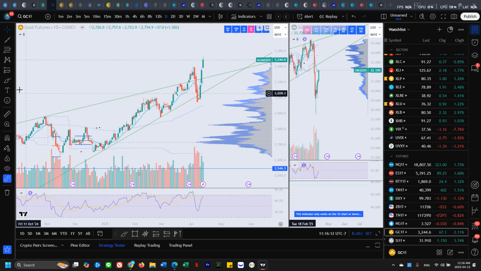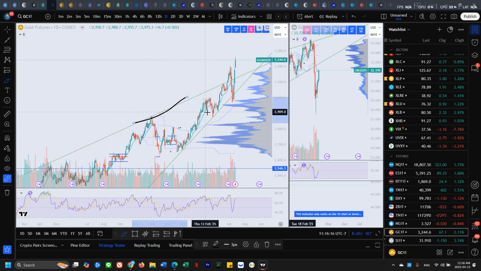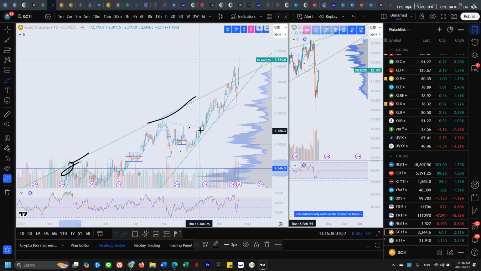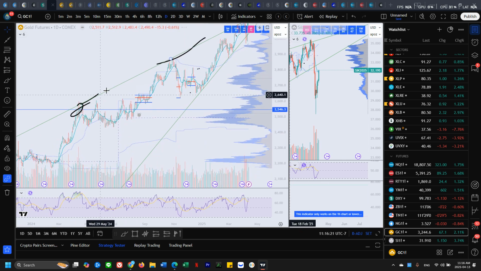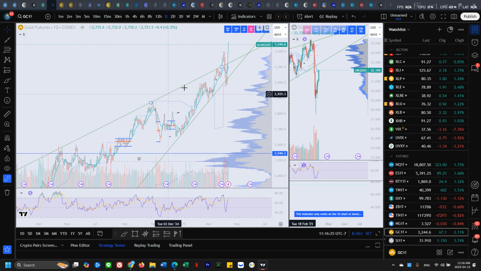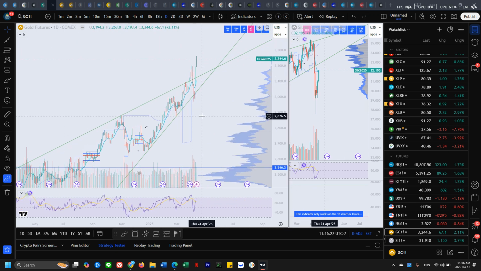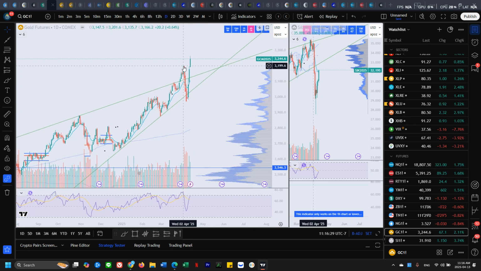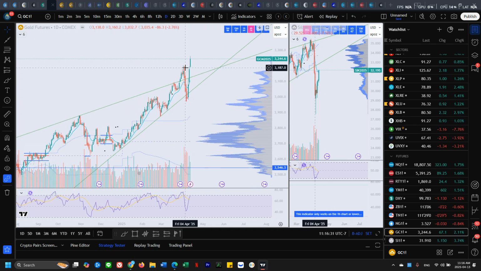Technical-wise, on the daily chart, it looks like this is a bull breakout of this rising wedge, a very clear rising wedge. Rejection right here. Finally broke bull.